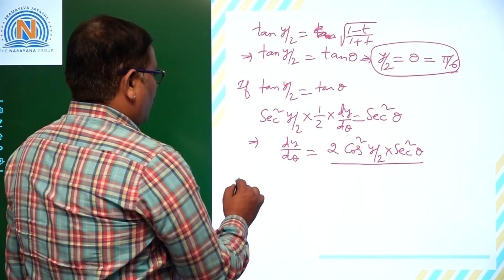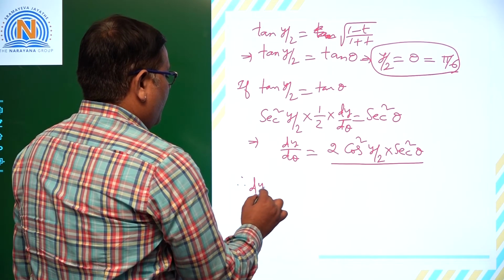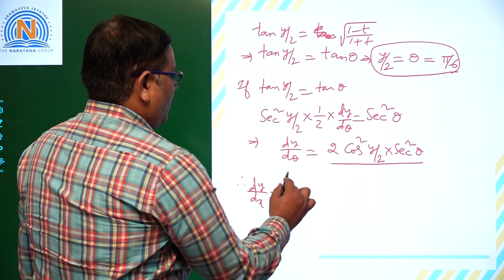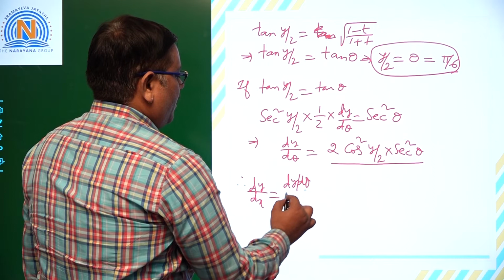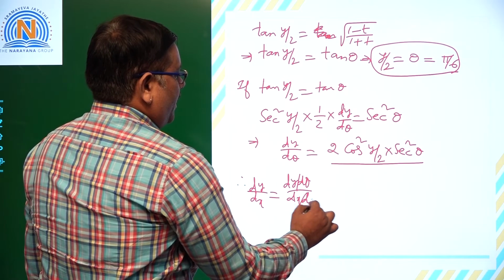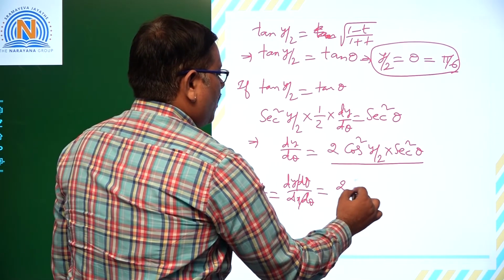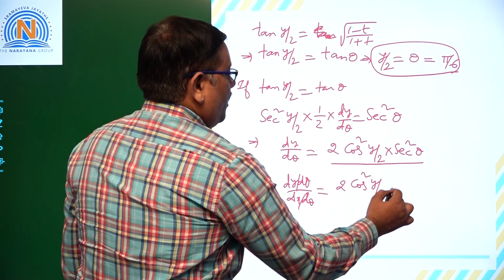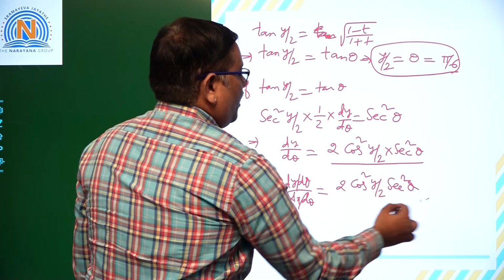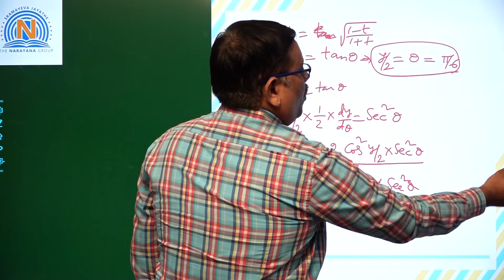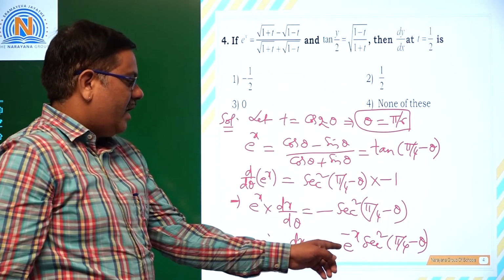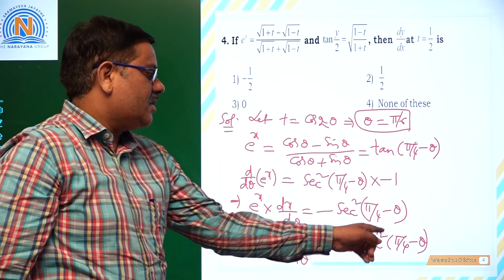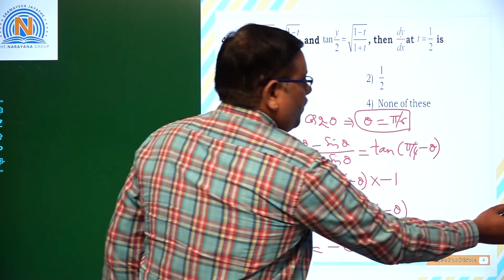Now, therefore, what do you need now? dy by dx. That is nothing but dy by d theta by dx by d theta. That is 2 cos square y by 2 into secant square theta upon dx by d theta, which is minus e power minus x secant square pi by 4 minus theta.